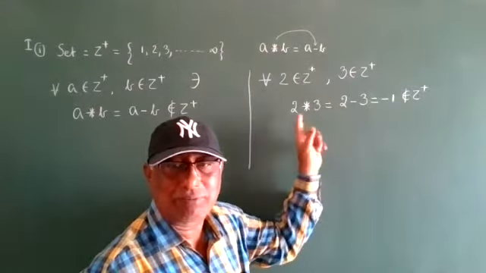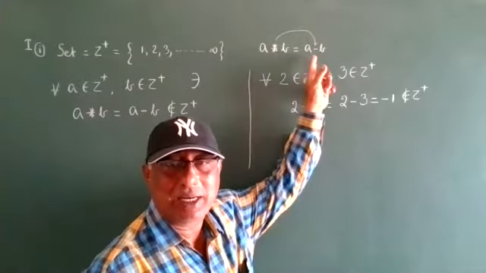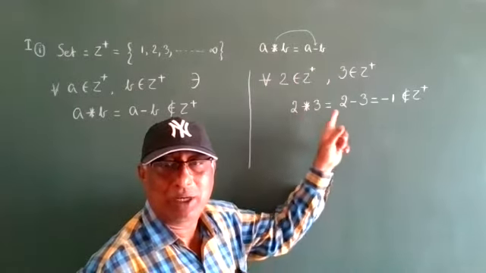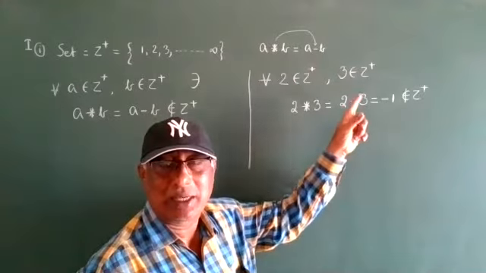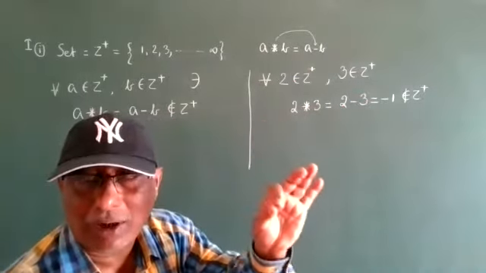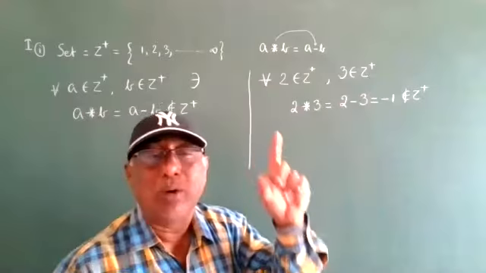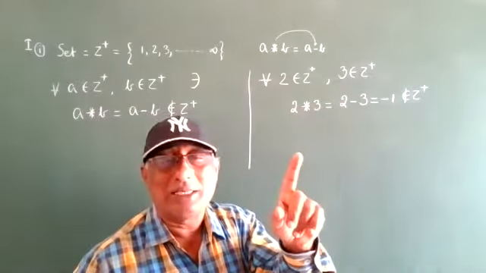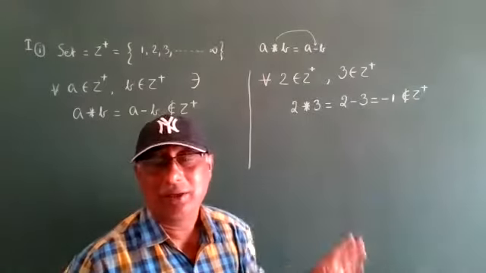It is the first element minus the second element. First element is 2, minus second element 3. What is the value? It is minus 1. Out of 100 cases, if 99 are correct and one case fails, that failure will be considered.